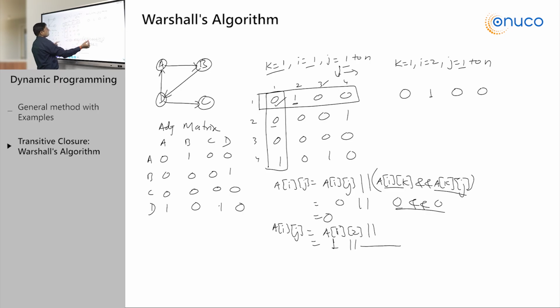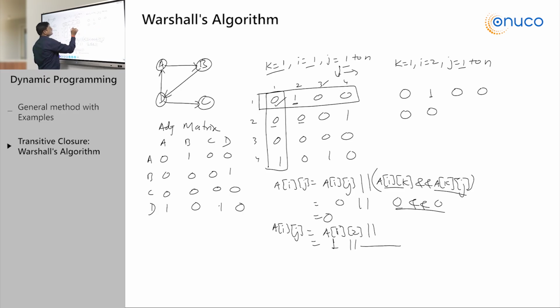We have ik, 2, 1 is 0, and kj, 1, 1 remains 0. So 1, 1 is 0. So 0 and 0 become 0. So these positions are not going to change. We can check with this. These positions will also not change.